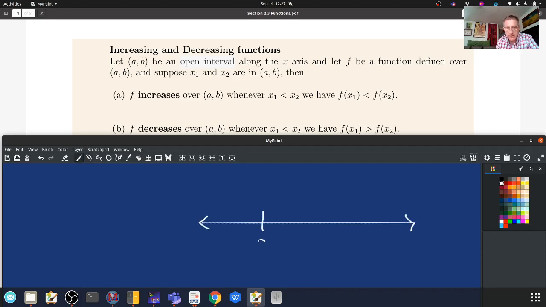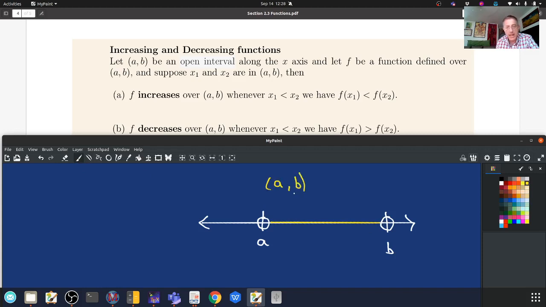So if this is A and this is B, then A is not included and B is not included, but everything in between is. So this is (A, B).